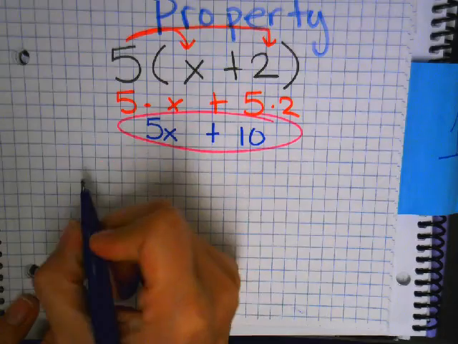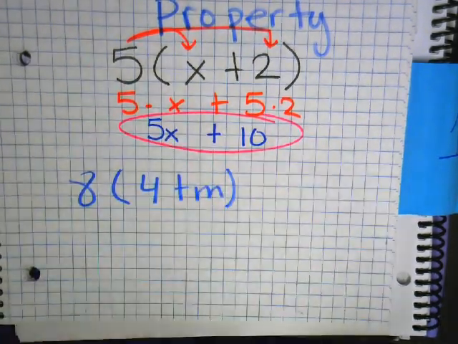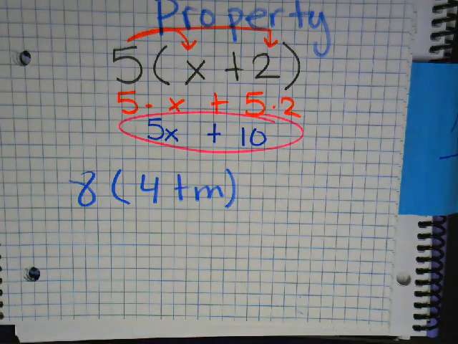So what would be 8 parentheses 4 plus m? What number do I get to distribute? The 8. Everybody gets the 8 via multiplication. You got to multiply this number. And what do we get? 32.